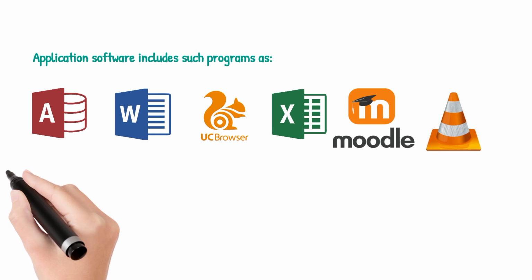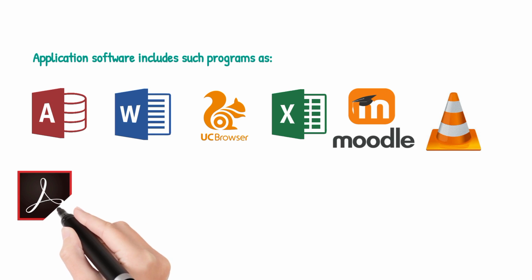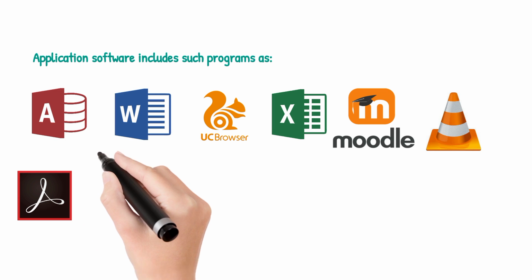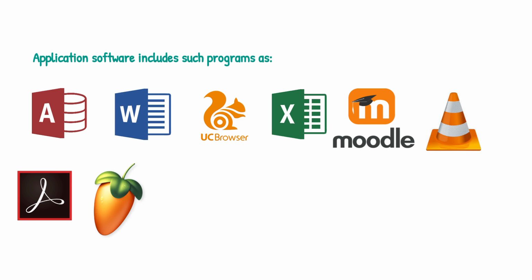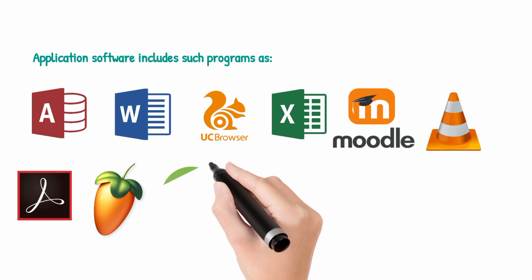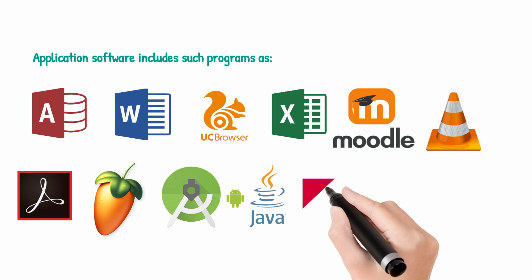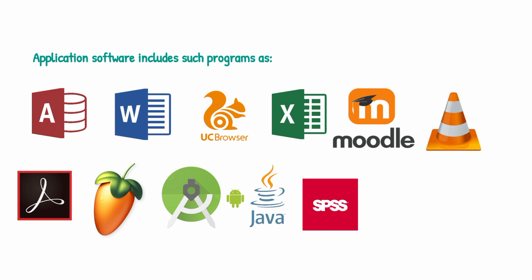We can look at e-reader programs such as Foxit Reader, Adobe Reader, etc. We can look at composer programs such as the Fruity Loops. We can look at the compiler programs such as the C language, the Java language, the Android Studio, etc. We can look at the analyzer programs such as the Statistical Package for Social Sciences.